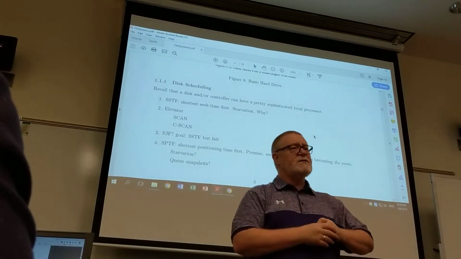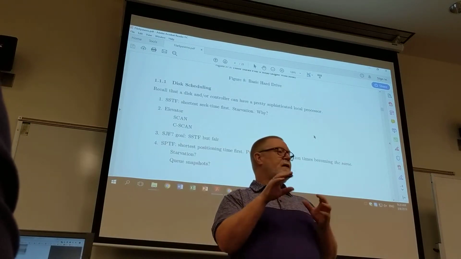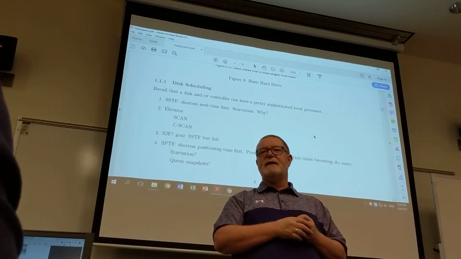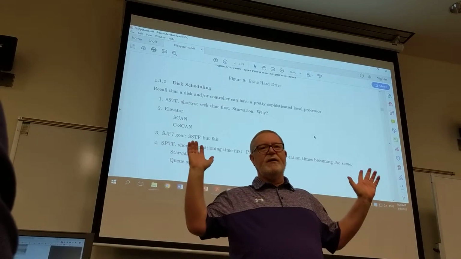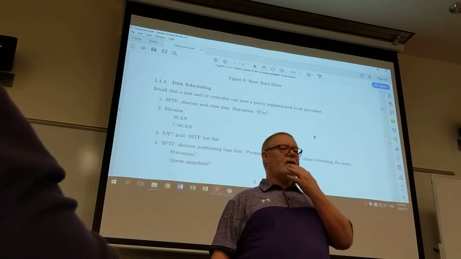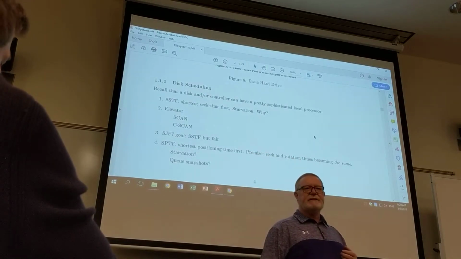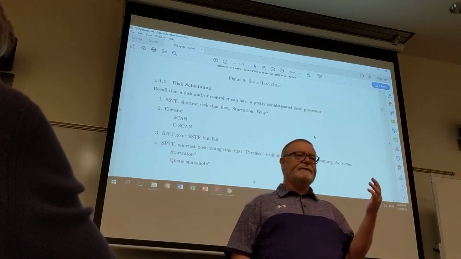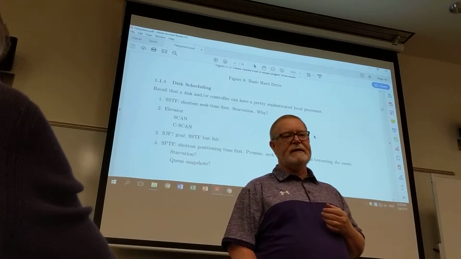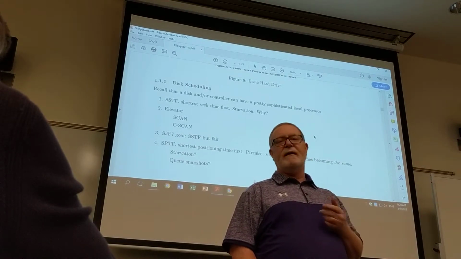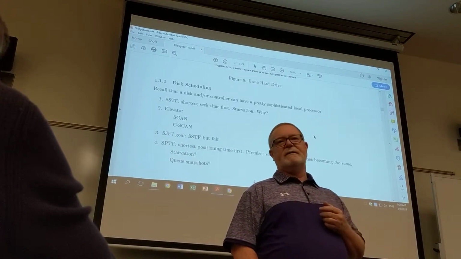The devices are so slow that our local controller on our disk can do all this sorting and still be relatively unused most of the time because the disk is actually taking it. You don't move a disk head in 300 nanoseconds.